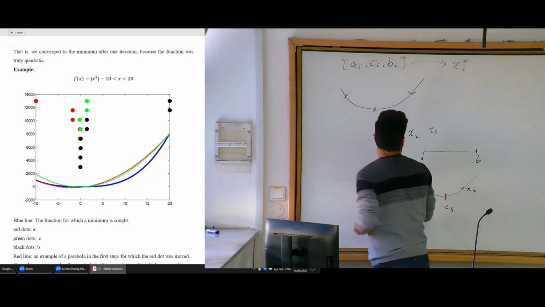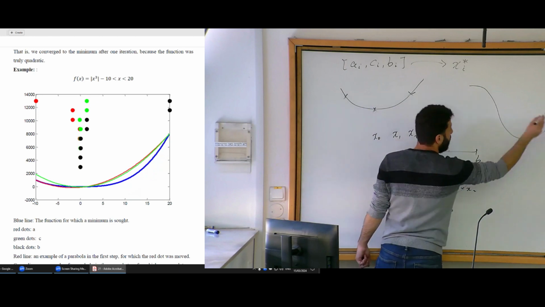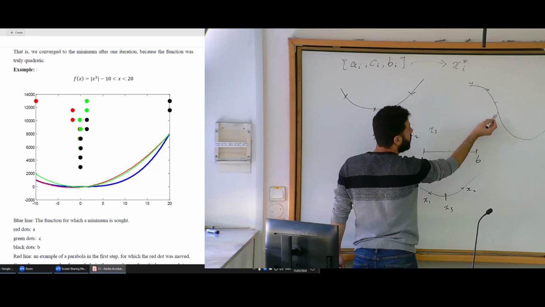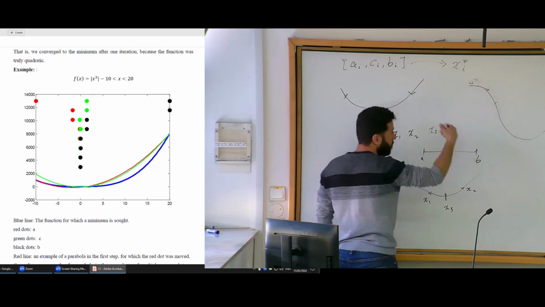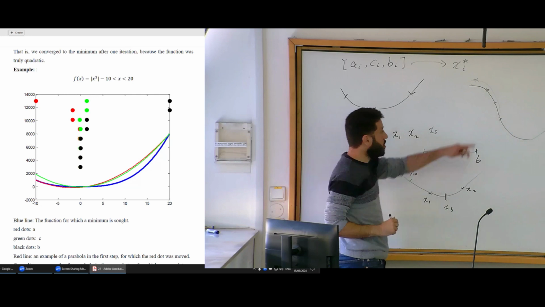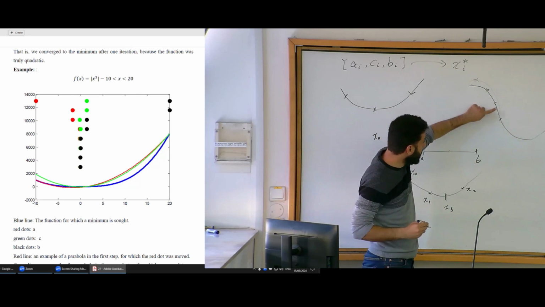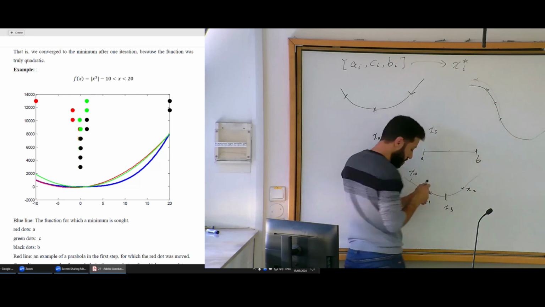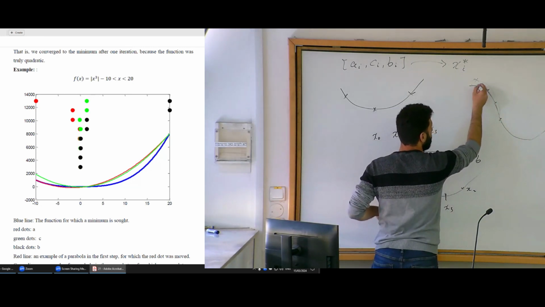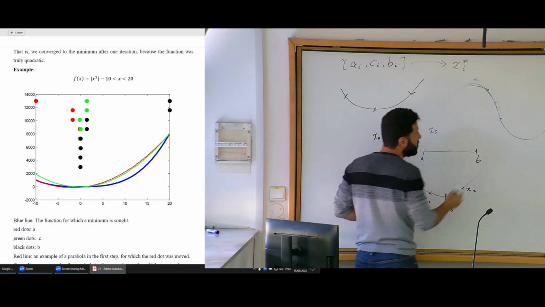For example, if that's the function, and I chose my 3 points here, I will go to that maximum after some iterations. If I chose my 3 points here, then the parabola that connects the 3 of them is this. So this will be, for example, a new point.